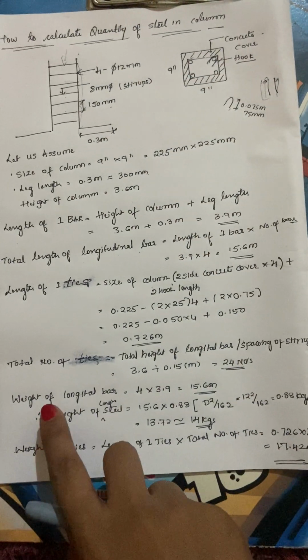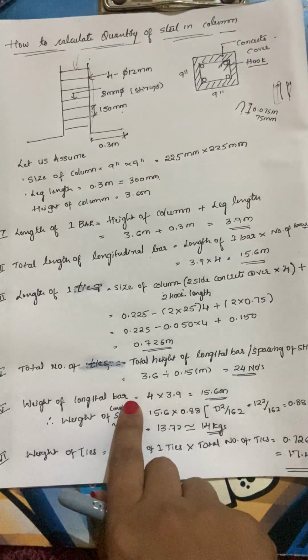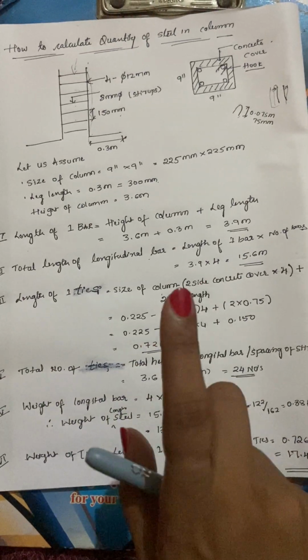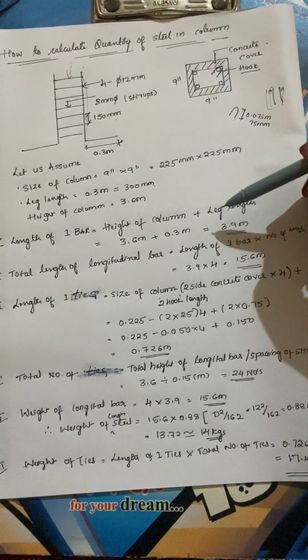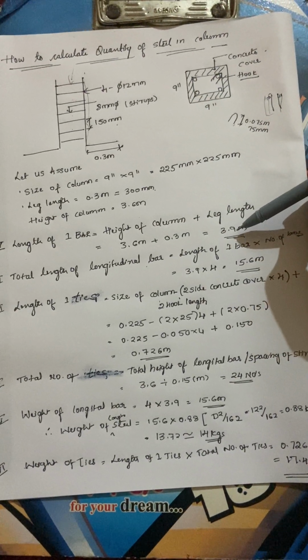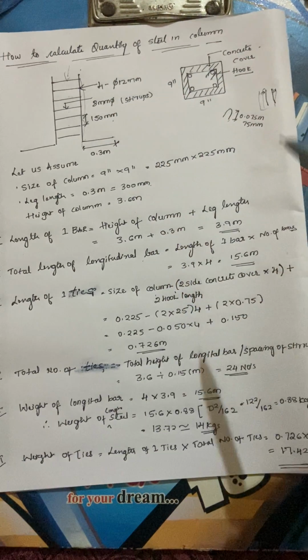Okay, then what is the weight of the longitudinal bar? We know that the length of one longitudinal bar is 3.9 meter, and that there are 4 bars.